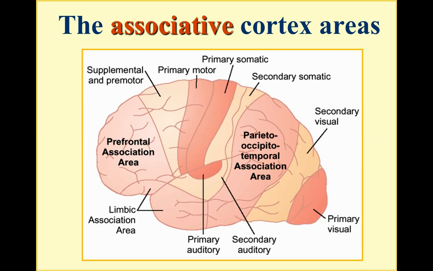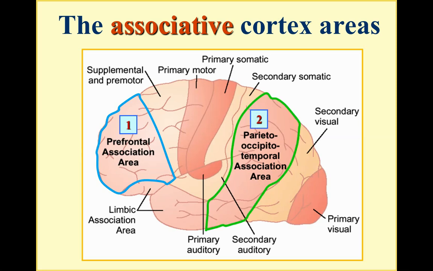And generally we can divide all associative areas into three parts. First part is the prefrontal associative area. It's called prefrontal because it's the most anterior portion of the frontal lobes, while most posterior is the primary motor, and a little bit less posterior belongs to the secondary motor cortex or supplemental and premotor. Second associative area is very wide because it occupies a few parts of the brain.